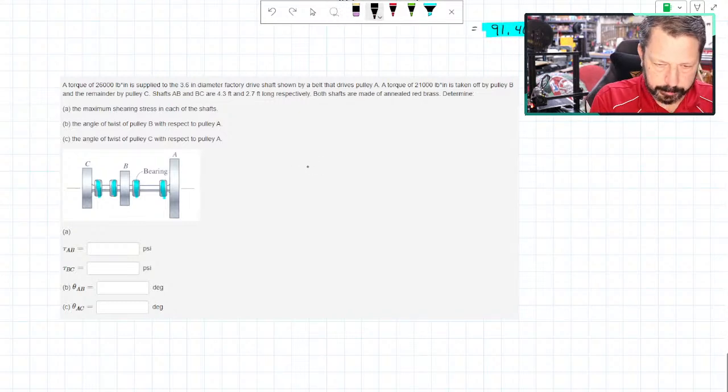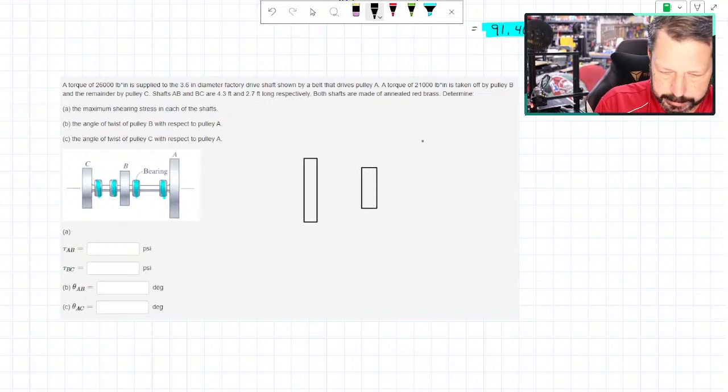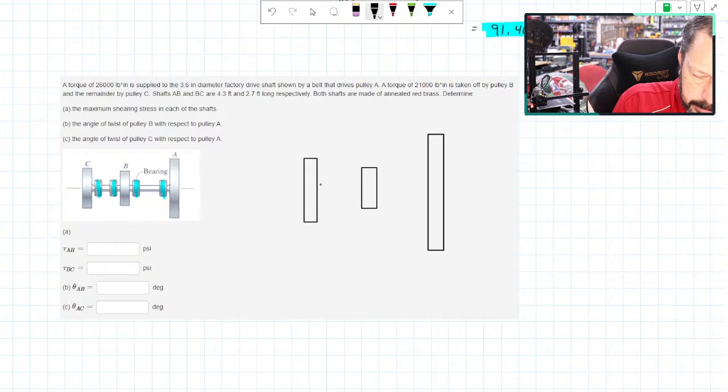So there will be C, and B is a little bit smaller, it looks like. And then A is the largest. Put it over here. Okay, and then there's a shaft that goes through all of these.